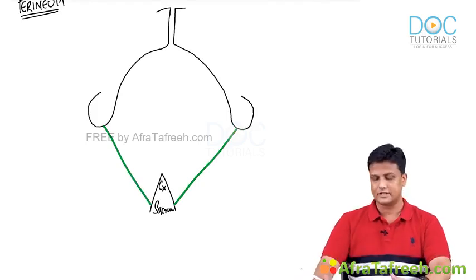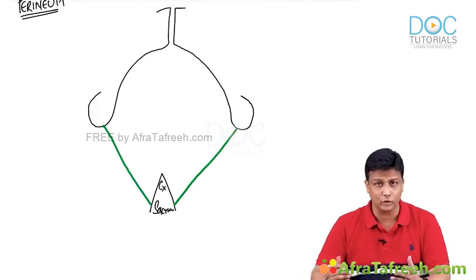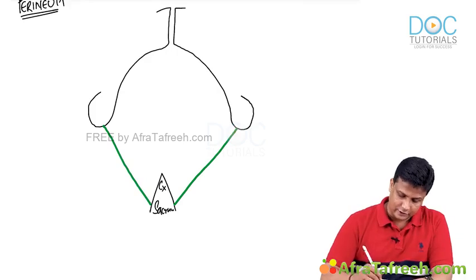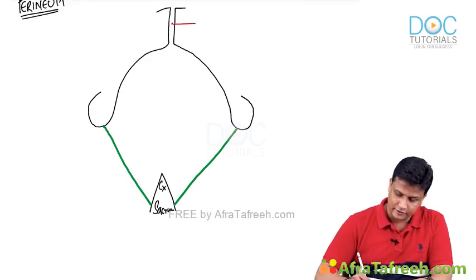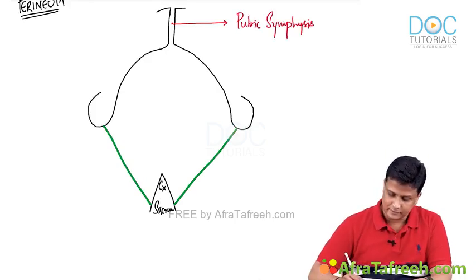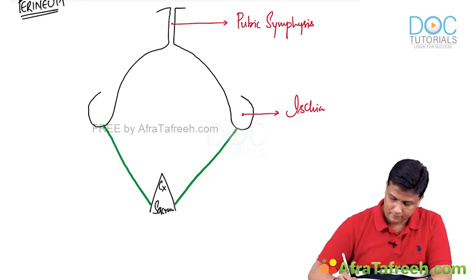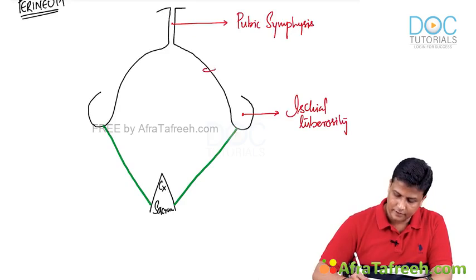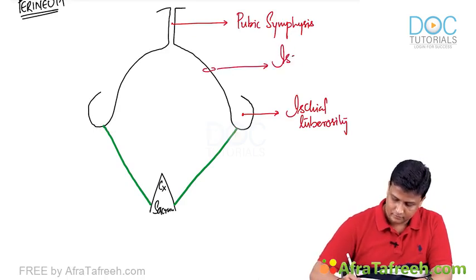That ligament will be your sacrotuberous ligament. Let us first of all write down the names, guys. All these boundaries are very important in the perineum region. So pubic symphysis, ischial tuberosity, and between them the ischiopubic ramus.